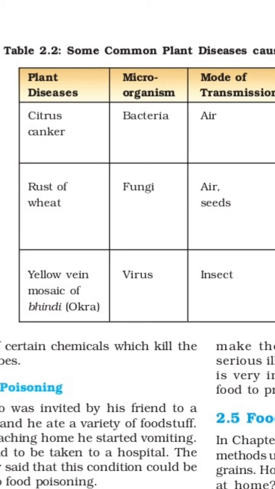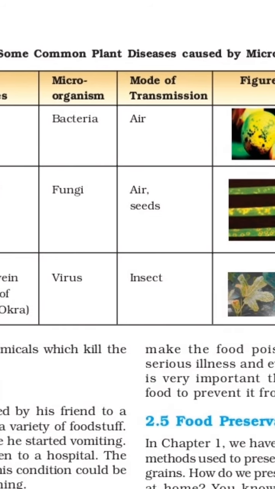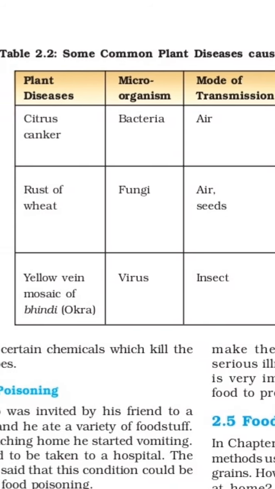Now here we will see some common plant diseases and the causing microorganisms. In the table, the first column is plant diseases, second microorganisms, then mode of transmission, and the figure is also mentioned there.